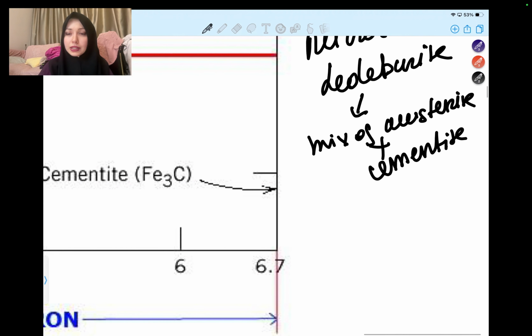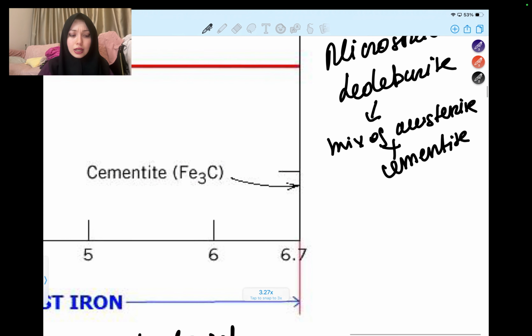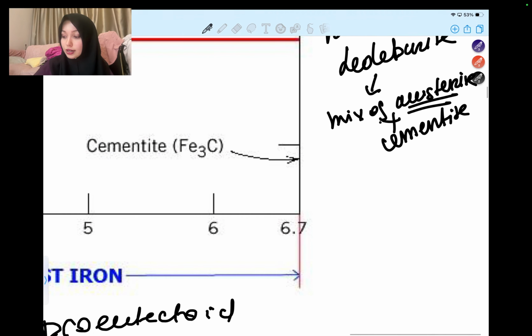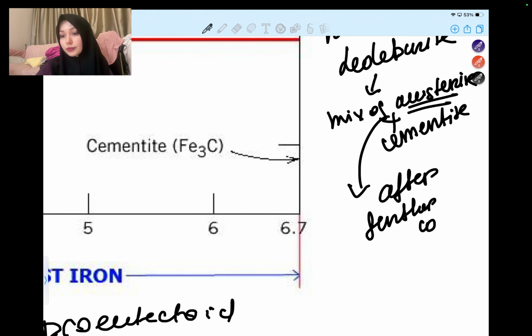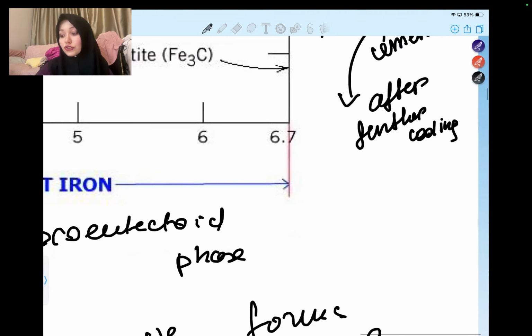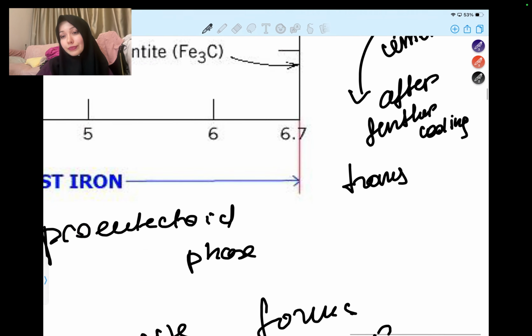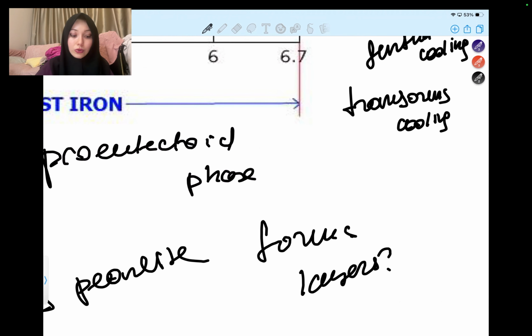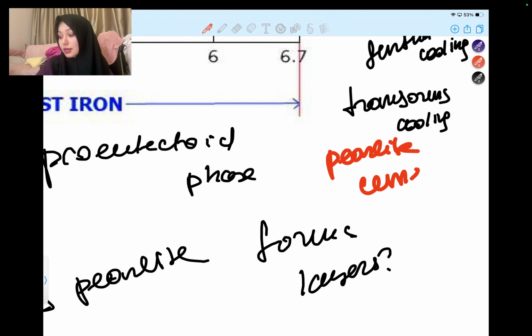And what happens after further cooling? The austenite inside, after further cooling, transforms again. So final cooled ledeburite often becomes just pearlite and cementite.